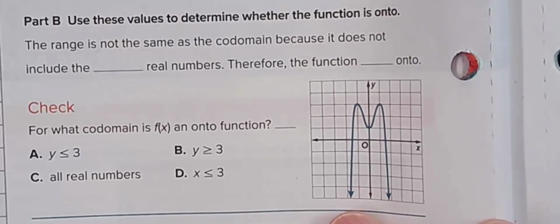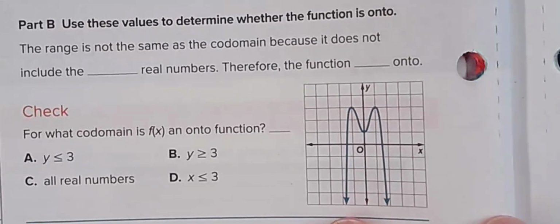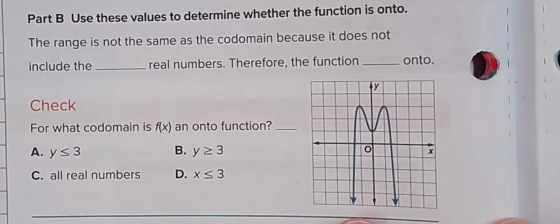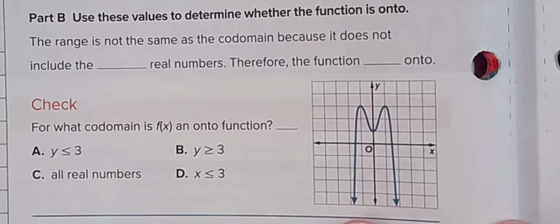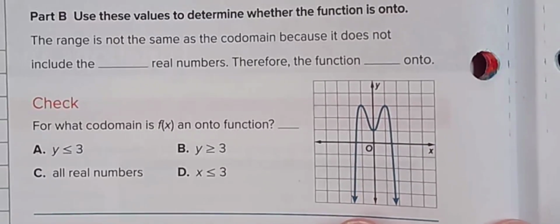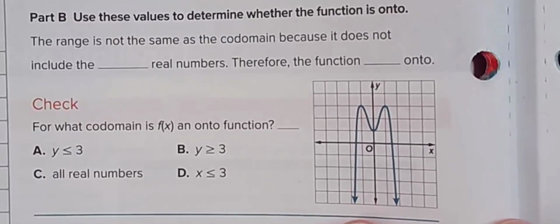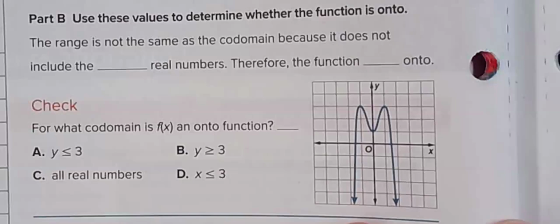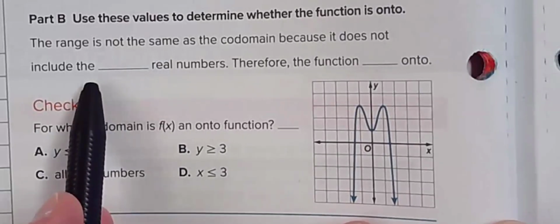But it says the range is not the same as the codomain because it does not include the blank real numbers. Sorry, this is still referring to the original function on the previous page.